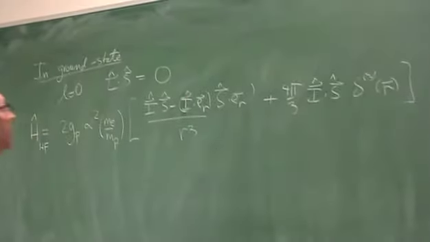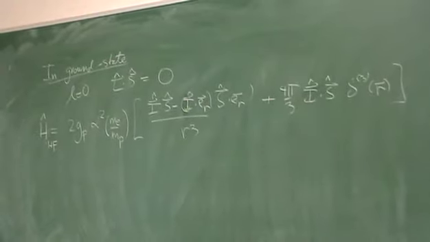So we need to diagonalize this, which means we need to think about the matrix elements of this operator in the basis that's described.